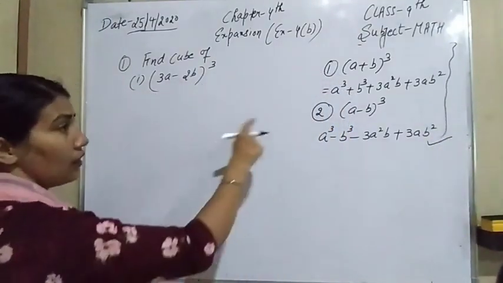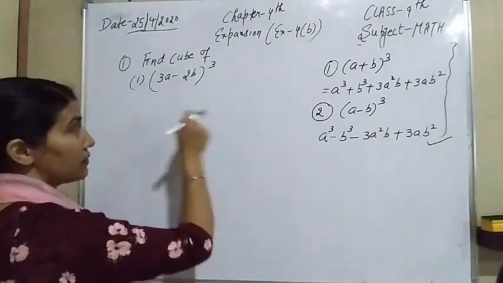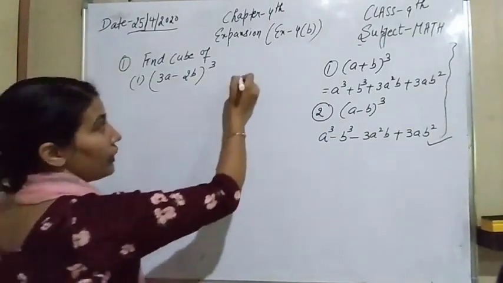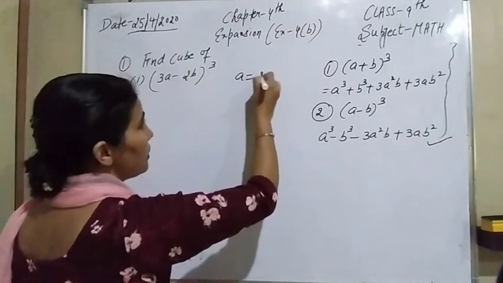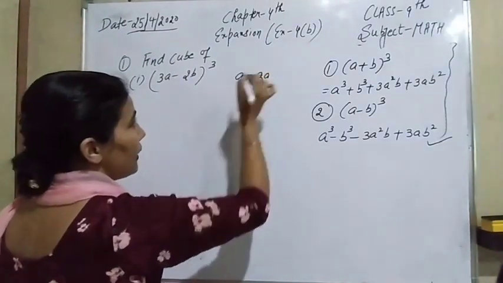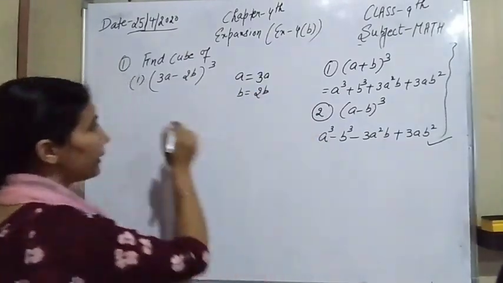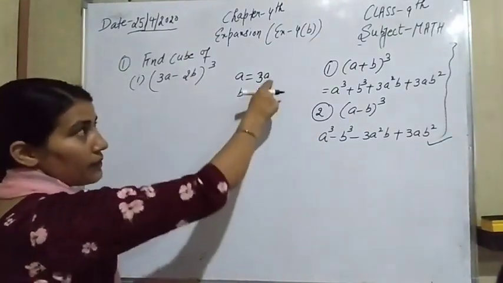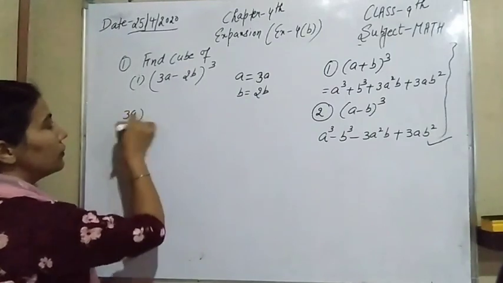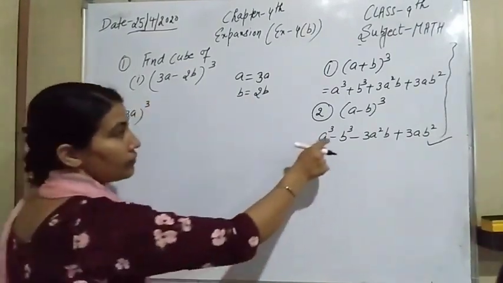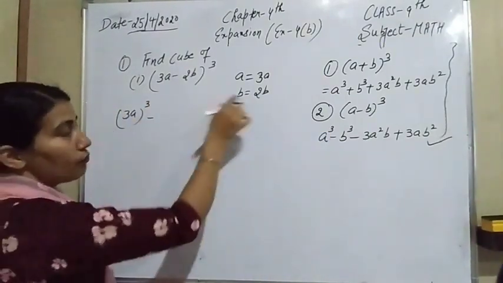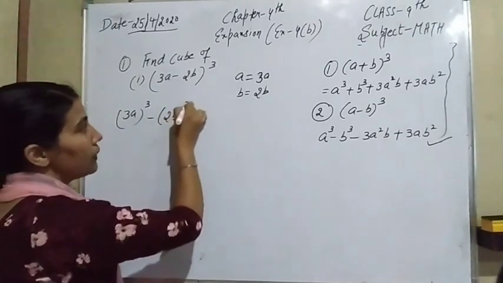Now put the values of a and b in this identity. The value of a is 3a and the value of b is 2b. Now the identity is firstly a cube, that means (3a) cube. After that is minus b cube, the value of b is 2b, that means (2b) cube.